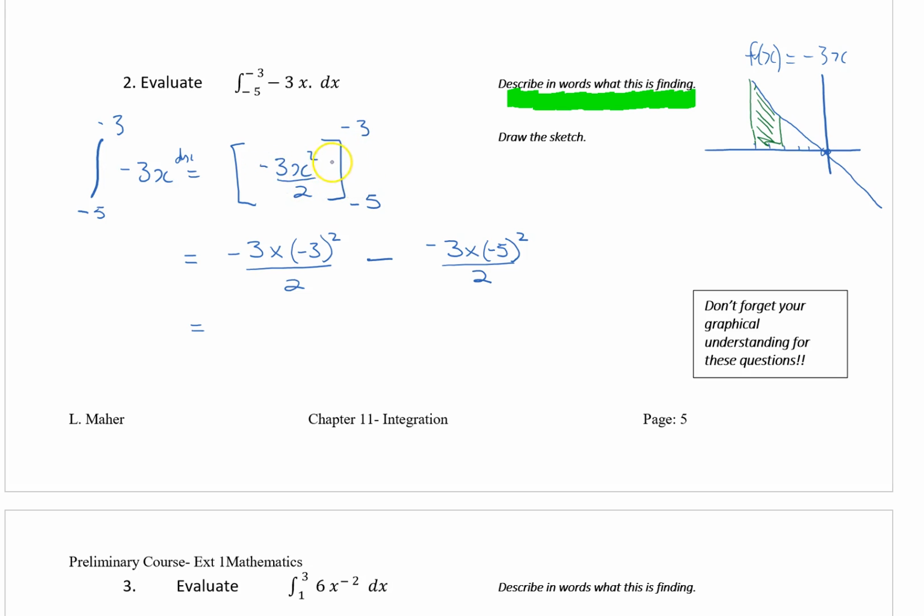Now that I've found the primitive function, I'm indicating here that I'm going to evaluate it eventually from the limit -5 to -3.